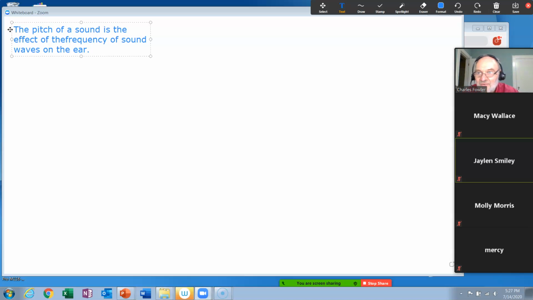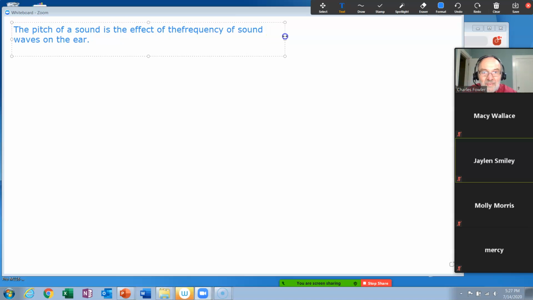Okay, so this isn't quite a technical term. It sounds like it would be, but it really isn't so much a physics term as it is a qualitative term. The effect of the frequency of the sound waves on the ear.